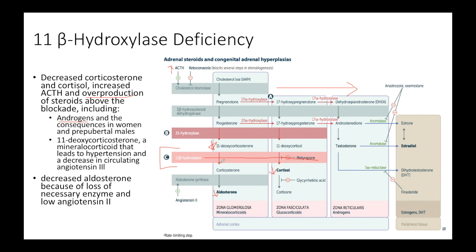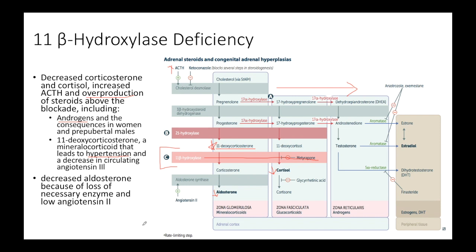And because this particular precursor is not blocked, unlike what we saw in 21-hydroxylase, we are still going to get hypertension. Because this is a relatively weaker mineralocorticoid than aldosterone, but is still a mineralocorticoid where it can cause those effects.